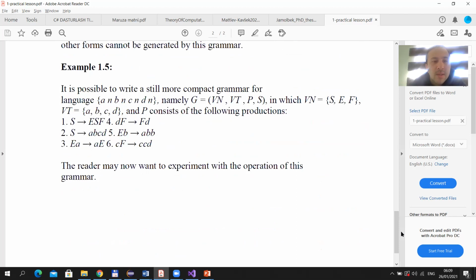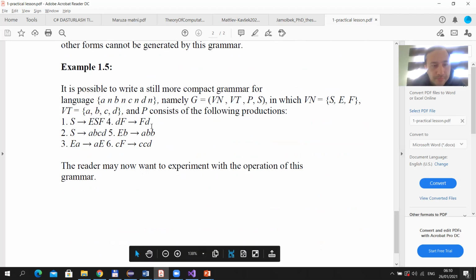And next one is the last one, exercise number 5. It is possible to write a still more compact grammar for the language. And this exercise number 5 is connected with exercise number 4. So n times A, n times B, n times C, and n times D, namely G is given. And P consists of the following productions.